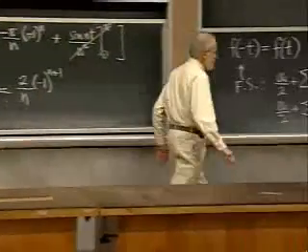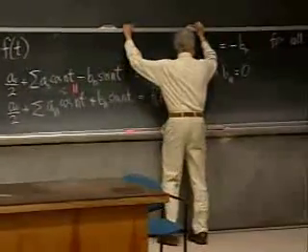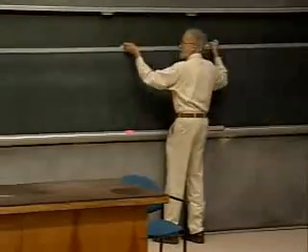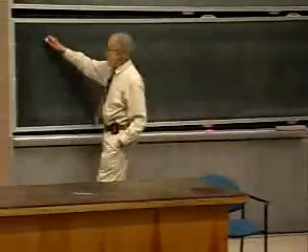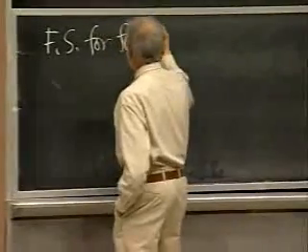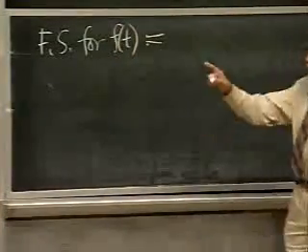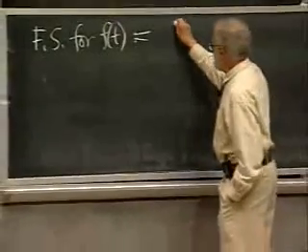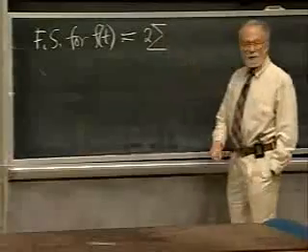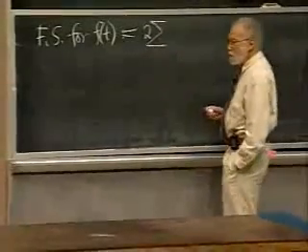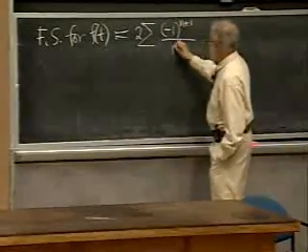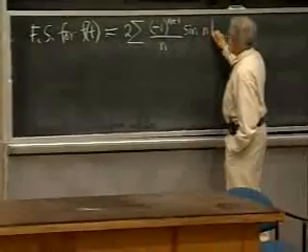And therefore, the final result is that the Fourier series for f of t, that funny function, is the summation of Bn, which is 2, put the 2 out front because it's in every term, there's no reason to repeat it, minus 1 to the n plus first power over n times the sine of nt.